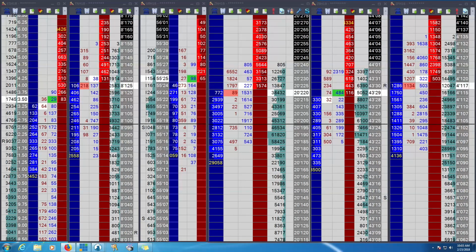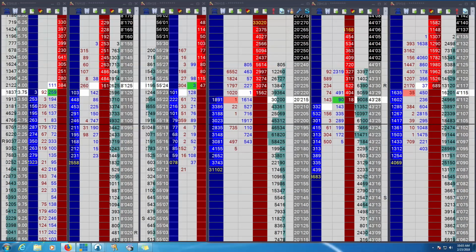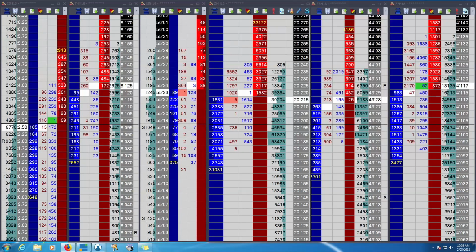Here we go on the ES, trying to break highs. There he goes. Let's see if we drop in. We dropped in. Again, and we're looking at the 2005. And keep in mind we would already be in the trade by now.